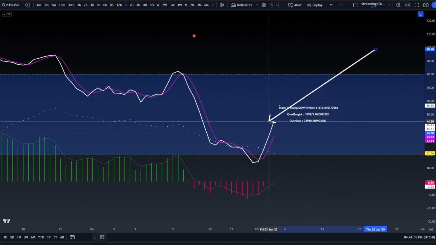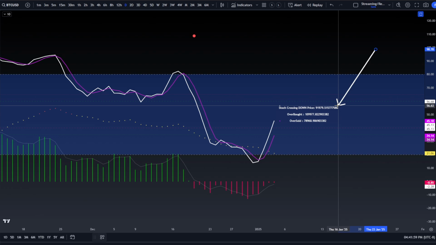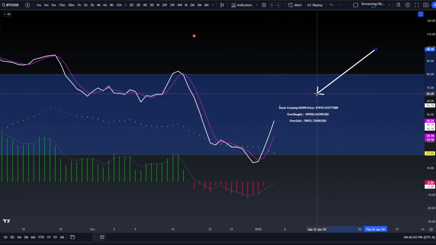That's where we would see the K cross back under the D, and likely be a rejection in and around the bullish control zone there to the midline. You can play bullish control zone, bearish control zone, overbought and oversold on a regular stoch as well.